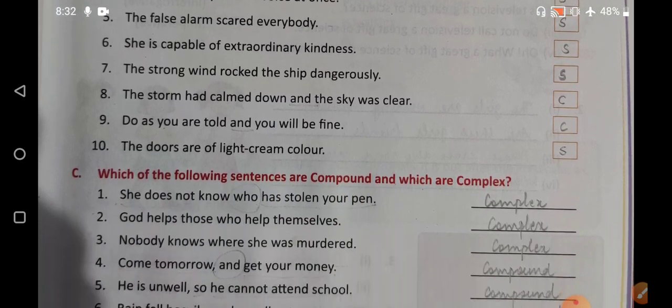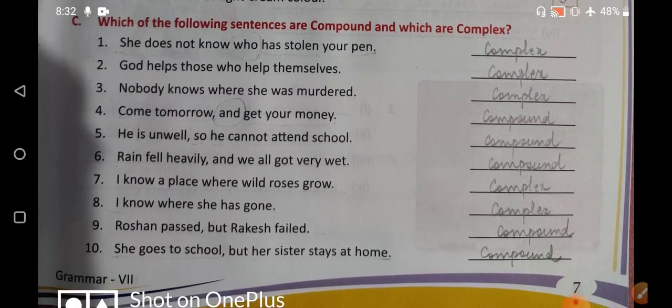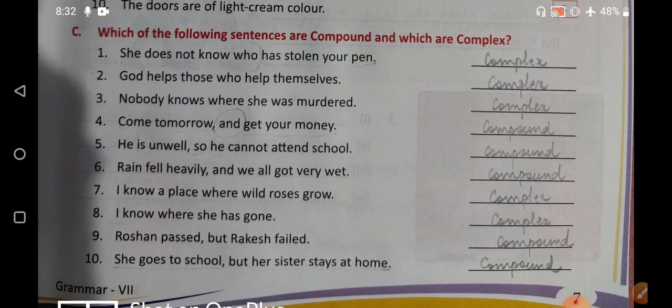Now coming on to the C exercise, which is quite complex because in this we have to find out which sentences are compound and which sentences are complex. This exercise can be a little tough because both sentences can have conjunctions, but we have to make sure that coordinating conjunctions are the ones which make a compound sentence and subordinating conjunctions are the ones which can make a complex sentence.